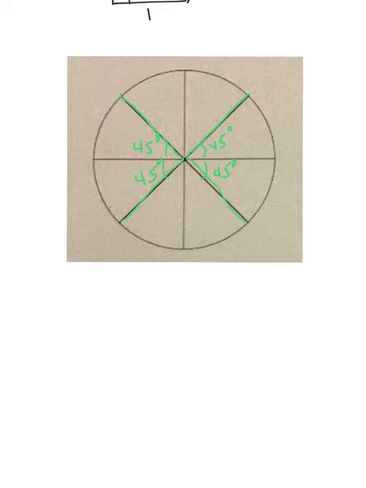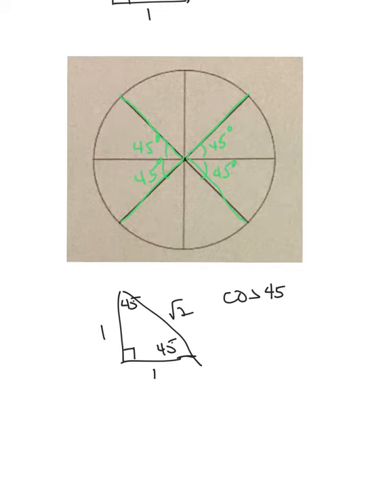So if we are using 45 as our reference angle, then we need to think about a 45, 45, 90 special right triangle. We know that those have sides of 1, 1, and the hypotenuse square root of 2. And if we do the cosine of 45 degrees and do the adjacent over hypotenuse, we get 1 over square root of 2, which we rationalize to be the square root of 2 over 2.